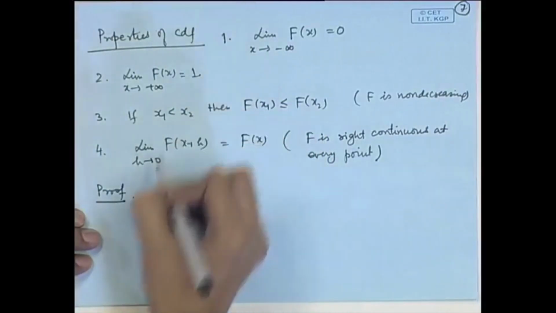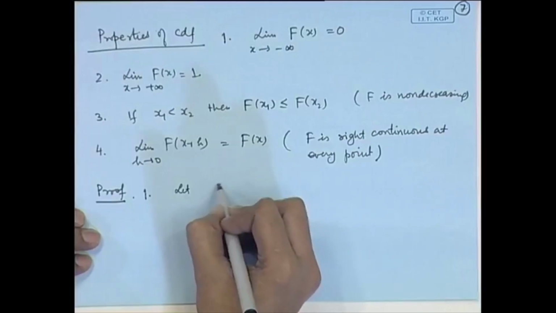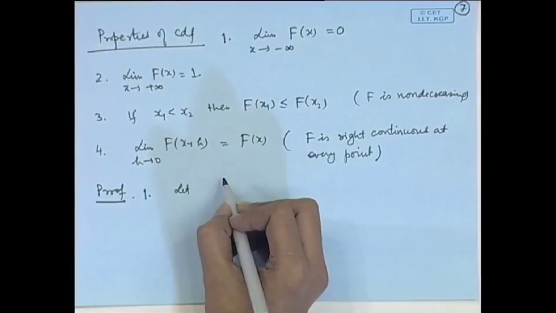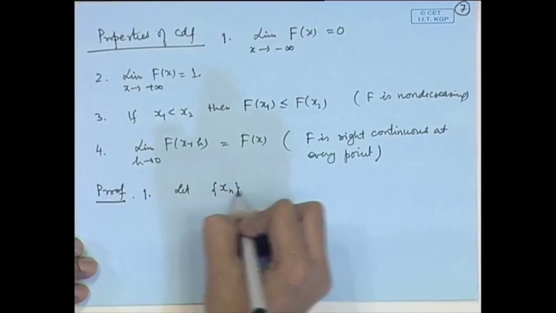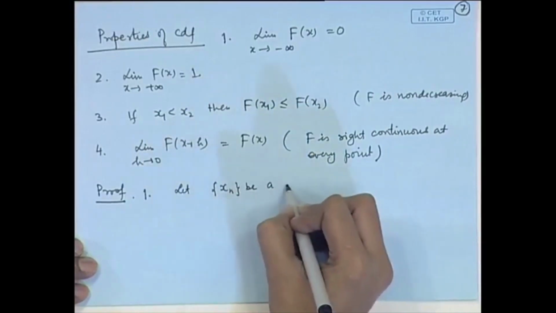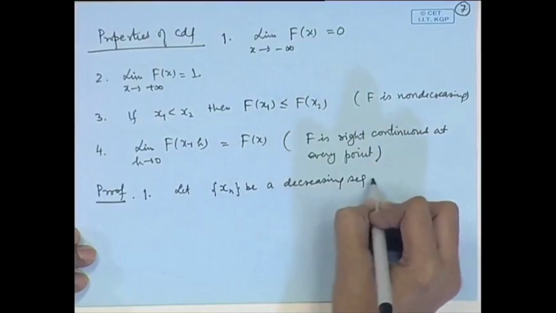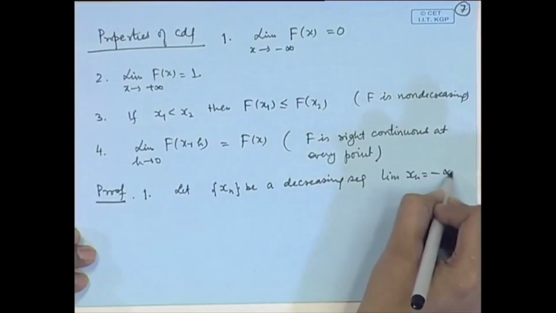To prove property 1, let x_n be a decreasing sequence such that the limit of x_n is equal to minus infinity.